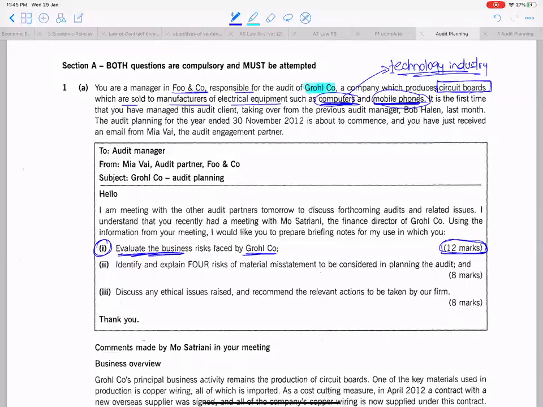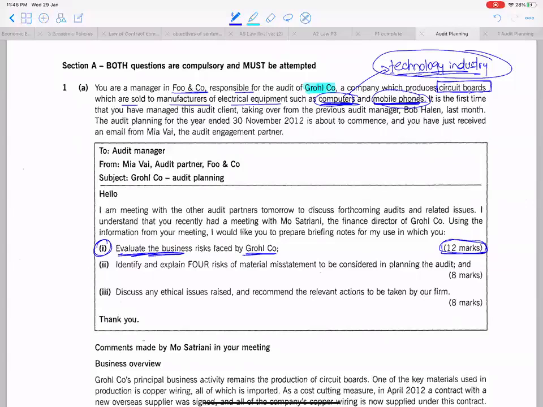Okay? Now, the computer and mobile phone industry is a technology industry, and you all know that the technology industry keeps on innovating. So if the computer and mobile phone industry innovates, automatically the circuit boards made by Grahal company will get outdated.